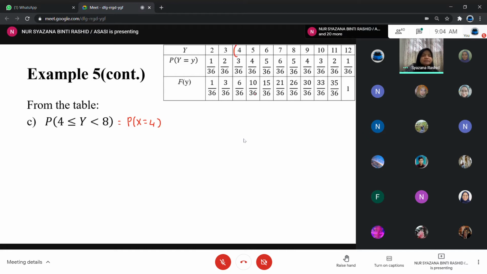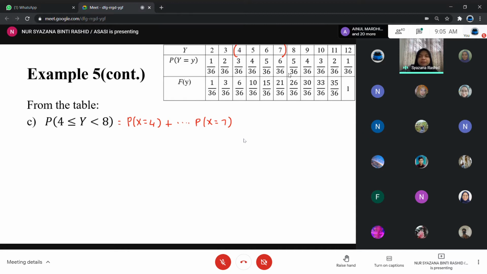Until? What do you think? Kalau ni? 7. 7. Because 8 is not included. So if you want to do manually, you nak buat satu-satu, okay, you akan tambah probability of X equal 4 until probability of X equal 7. So we add this 4 number. This 4 probability. 3/36, 4/36 tambah 4 ni, dapat jawapan. That is one way. Okay, guna single probability.